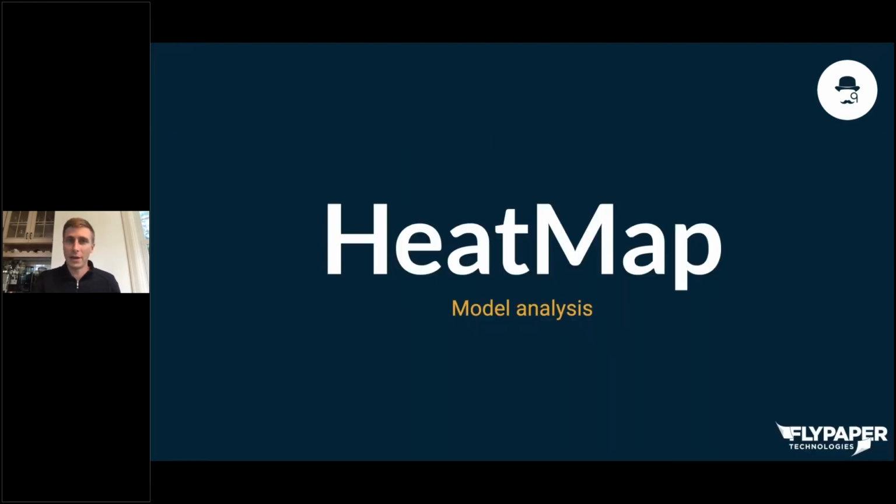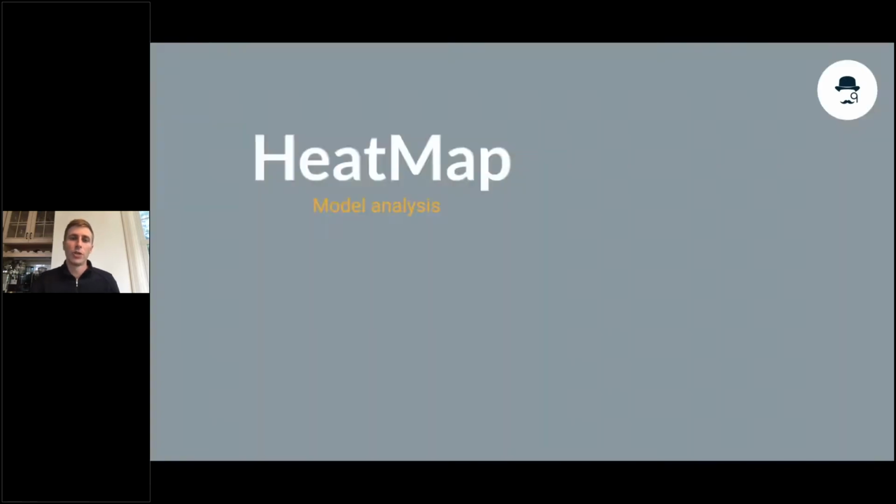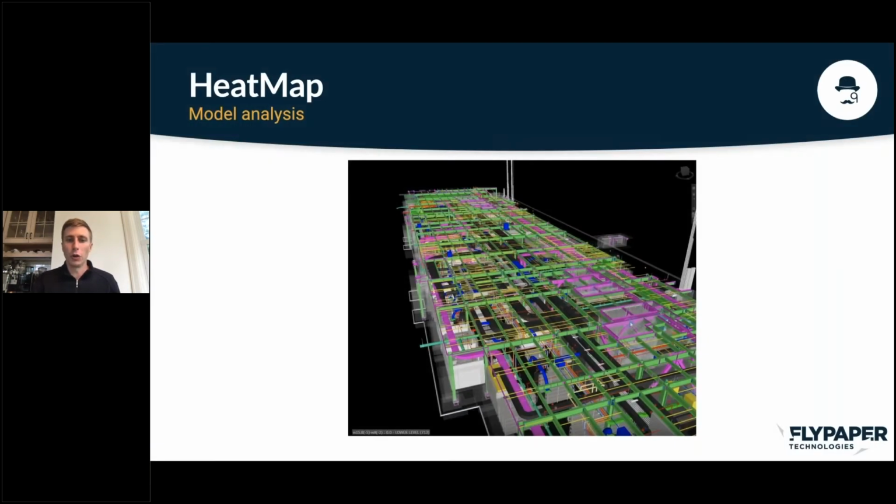The second portion of Sherlock is what we call Heat Map, and we consider it our model analysis tool. When a coordinator is looking at their model with all of the different trades in there, and they've got their clash tests all set up inside of Navisworks, it is not very straightforward to determine exactly where the worst areas are in that model.